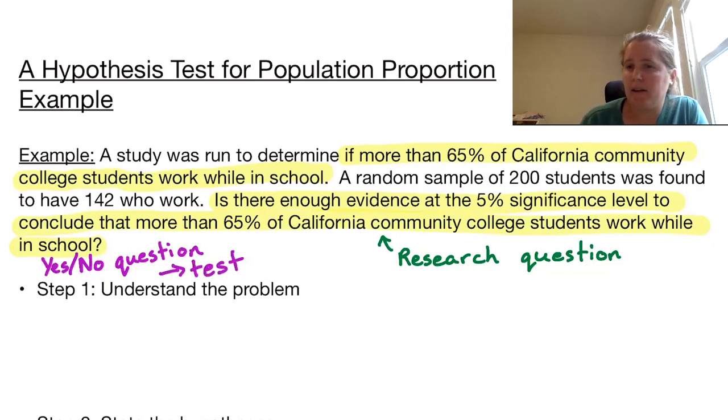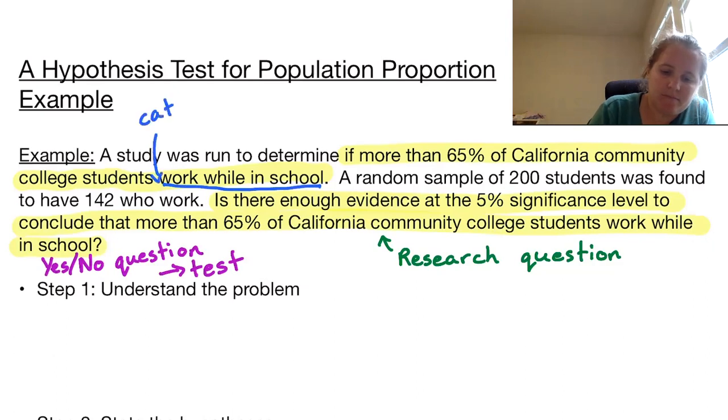Then we're looking at if students work while in school, and we're looking at percentage. So the variable is if they work while in school. That's a categorical variable, and so we immediately know we're dealing with proportion.